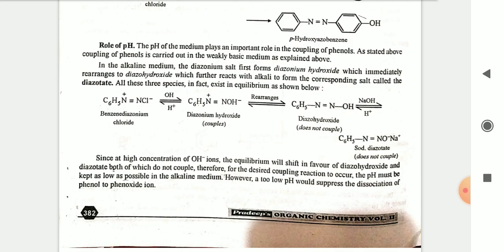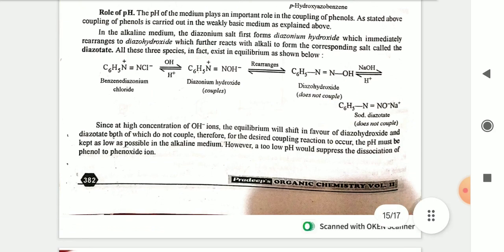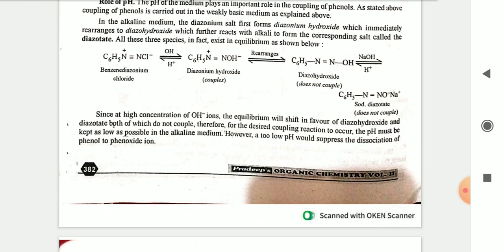Benzene diazonium chloride gives an equilibrium with diazonium hydroxide, which rearranges to give diazohydroxide, and after that gives sodium diazotate, which does not couple. Since at high concentration of OH- ion the equilibrium will shift in favor of diazohydroxide and the diazotate, both of which do not couple, for the desired coupling reaction to occur the pH must be kept as low as possible in the alkaline medium.